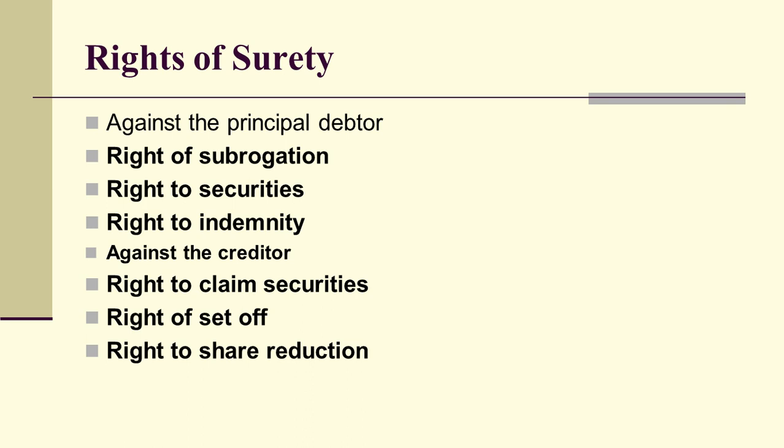Rights of surety. What are the rights of surety against the principal debtor? We can say the right of subrogation. Right of subrogation means the substitution of one person for another person.